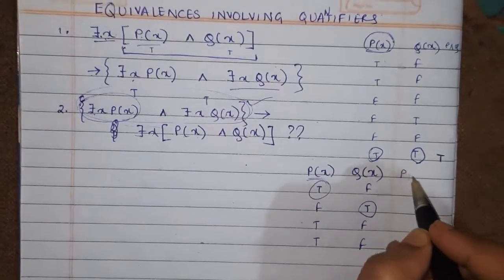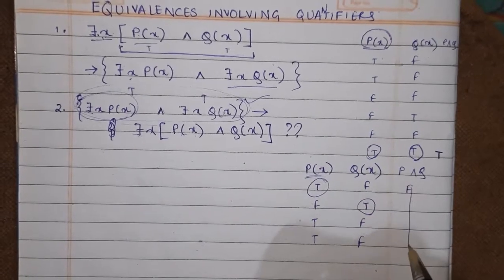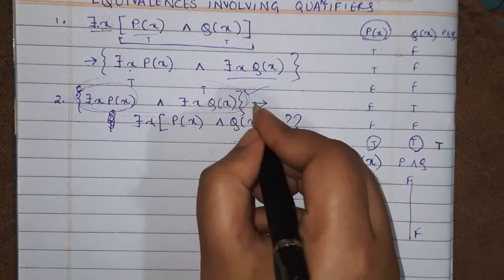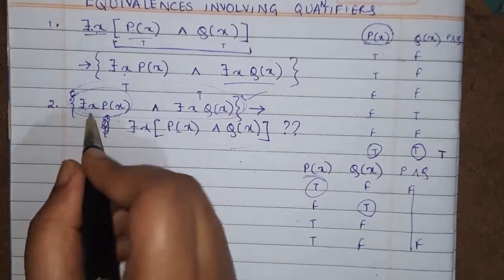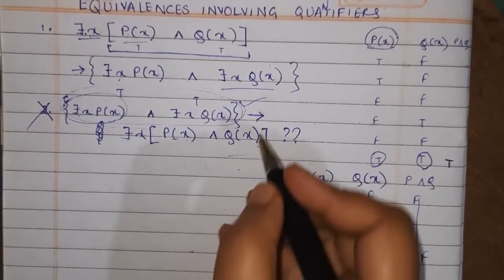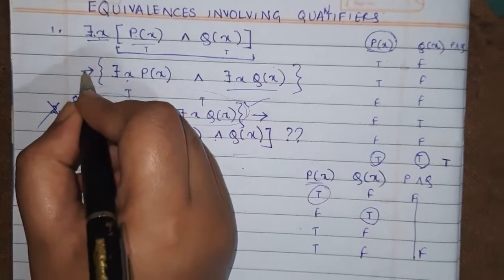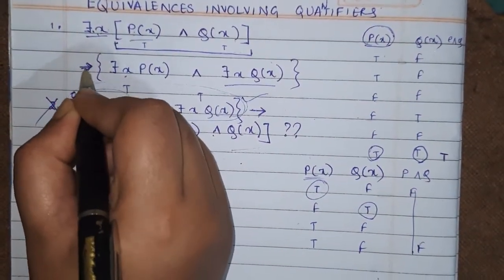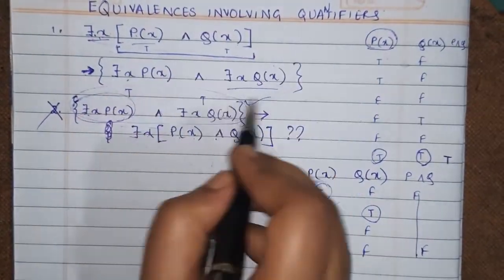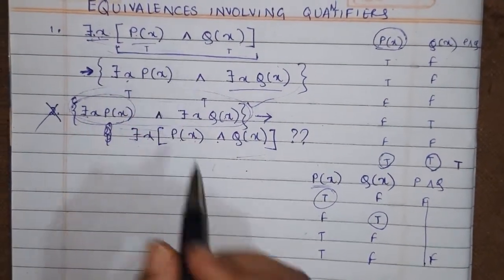Now if I do p and q, then all will result to false. So this one becomes false. So this is not an equivalence, these are not equal. Since this is not implying this, we cannot write equal to. Therefore this is only one sided, and not vice versa.